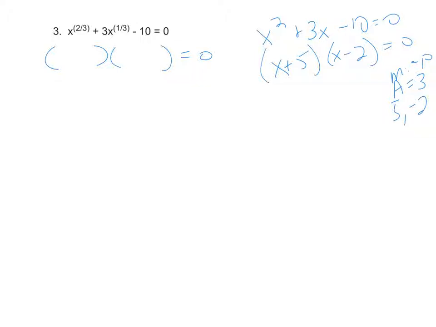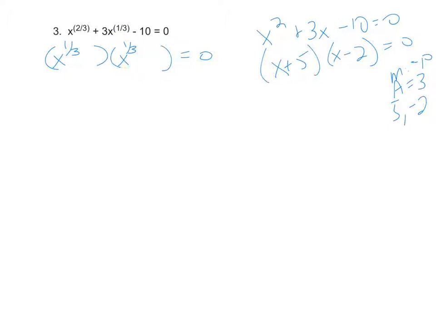So what I'm going to have here is x to the 1/3 and x to the 1/3, because the product of x to the 1/3 times x to the 1/3 is going to be x to the 2/3. And x to the 1/3 is what I have as my power in the middle. My hint here is usually I look at what's in the middle. That's generally what's going to go here and here.